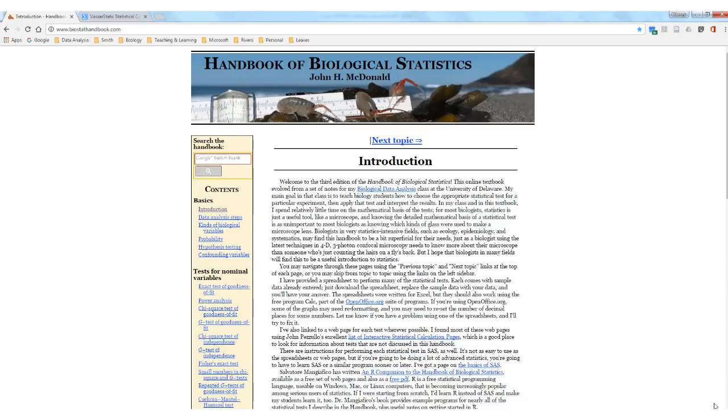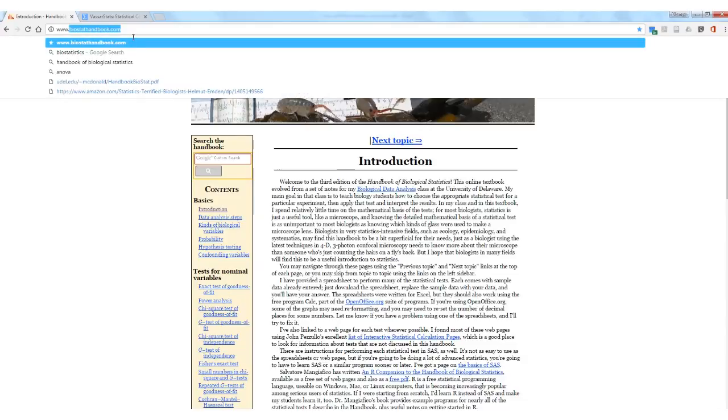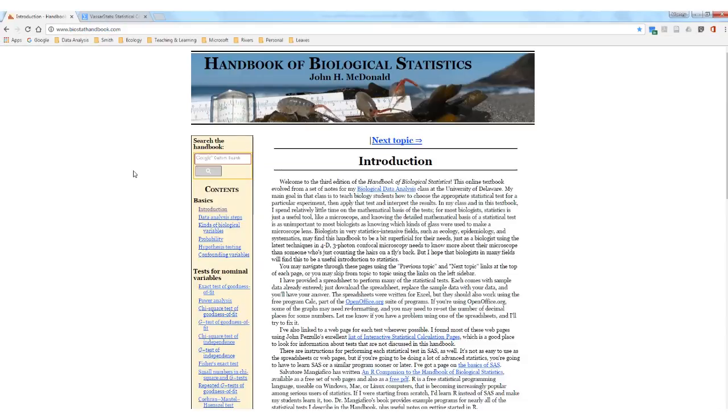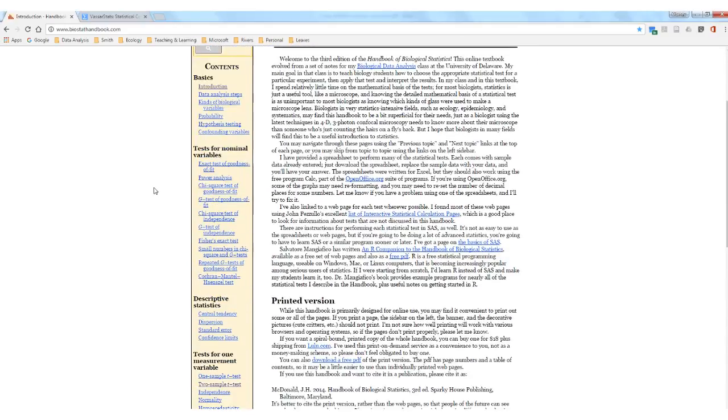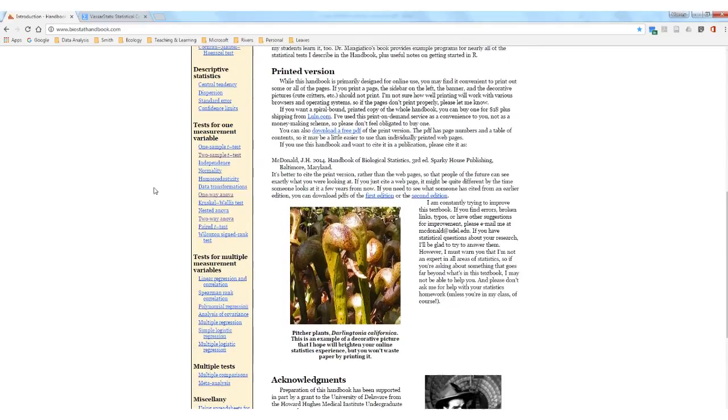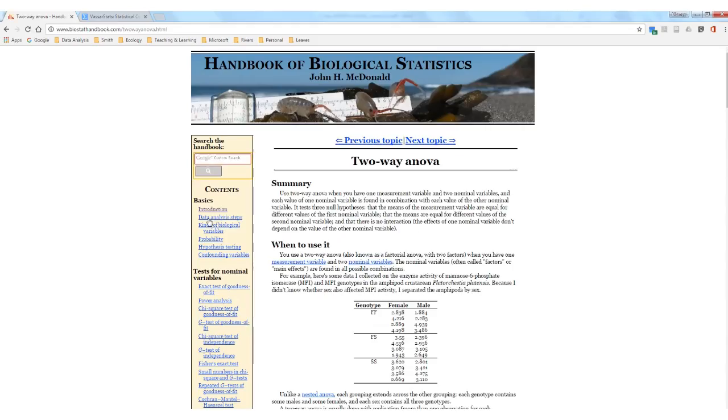As usual, I highly recommend going to the Handbook of Biological Statistics, which is biostathandbook.com, and finding the information on a two-way ANOVA. So we scroll down, we look for tests for one measurement variable. There's one-way ANOVA. Here's two-way ANOVA.